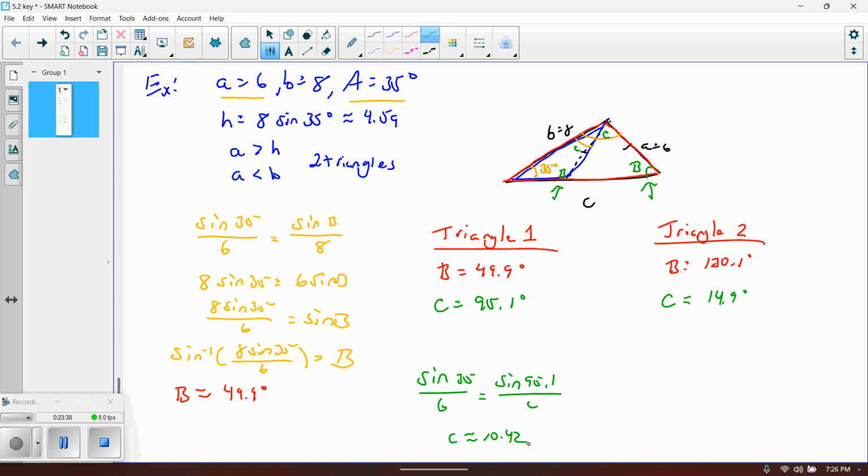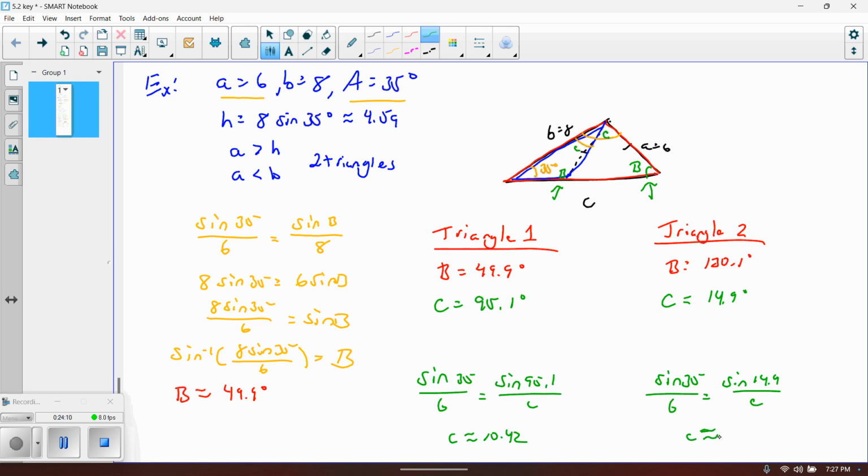And again, triangle 1 is going to be the larger triangle. So 10.42 being the length of C makes sense. It's quite long. It should be the longest side. When you do it with the other one, C should be shorter because it's going to be a smaller angle. So let's see that that works. So you'd set it up the same way. Sine of 35 divided by 6 equals, now let's see, that would be sine of 14.9 divided by little c.